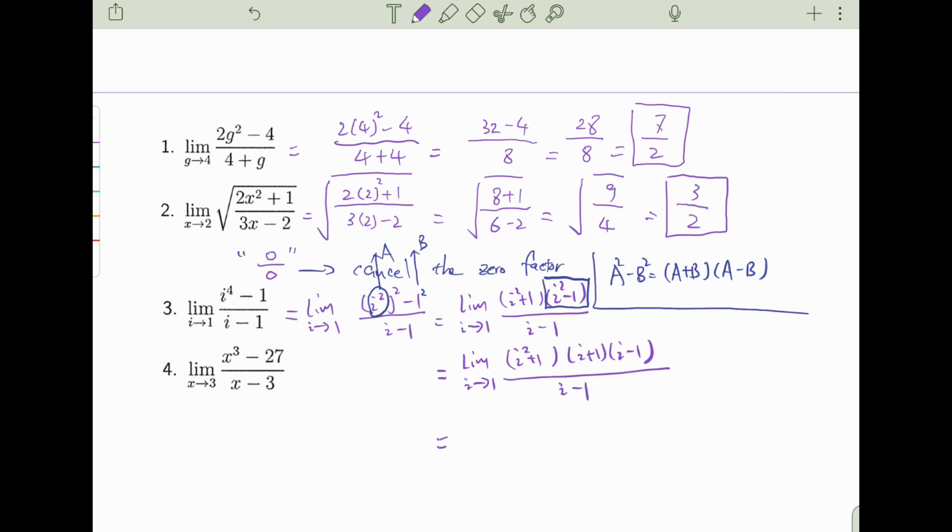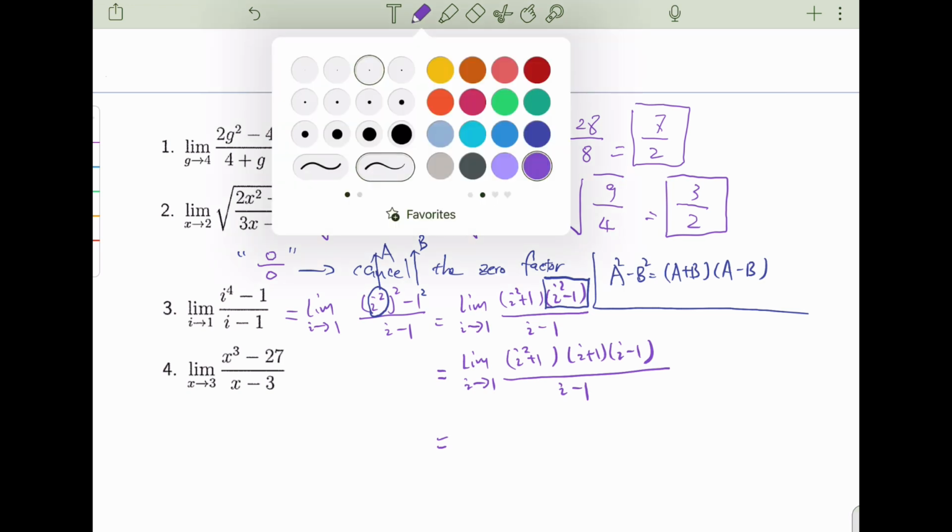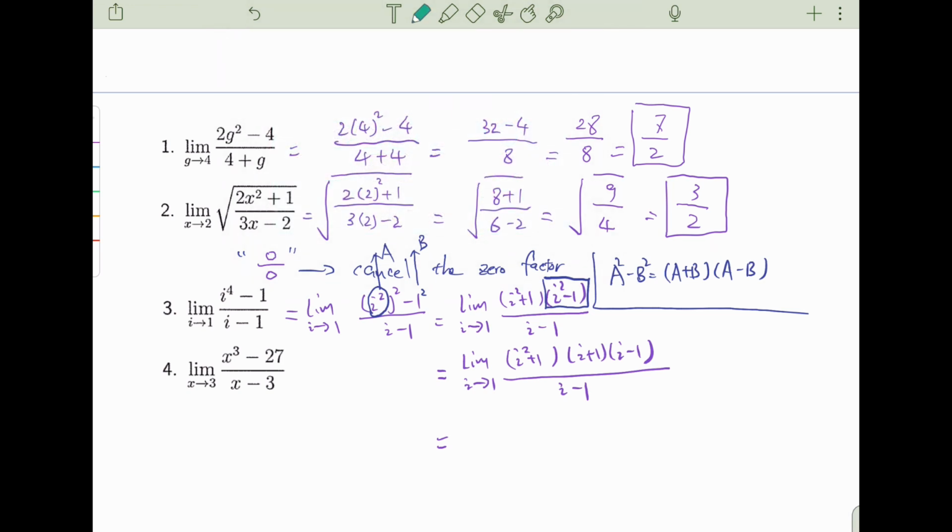Now after I factor this twice, I see that both the top and the bottom have the same factor, I minus 1. And this I minus 1 is the factor that is creating the zeros on the top as well as in the bottom.